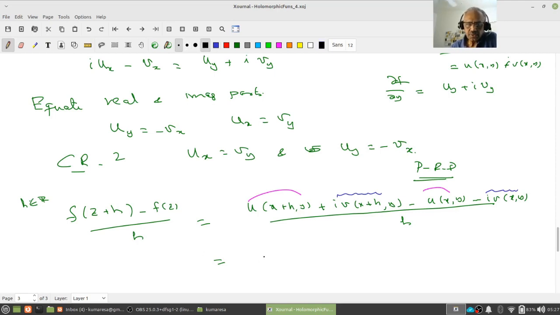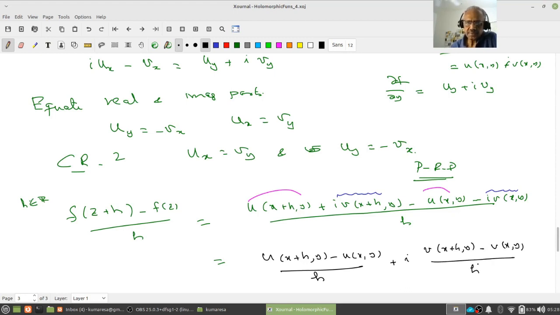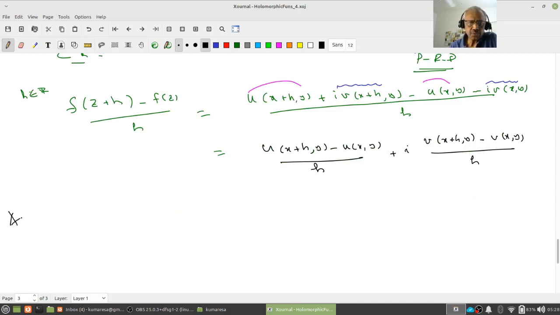So this is going to be u of x plus h, y minus u of x,y by h plus i times v of x plus h, y minus v of x,y by h, right? Therefore as h goes to 0, this goes to the partial derivative del u by del x plus i times del v by del x.